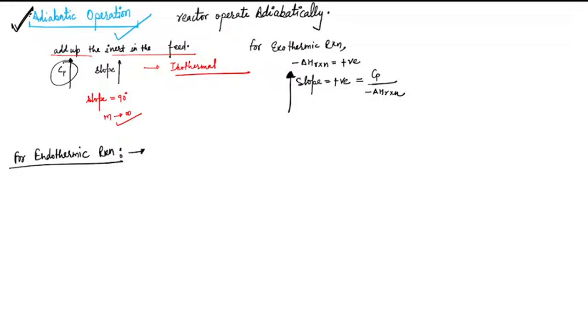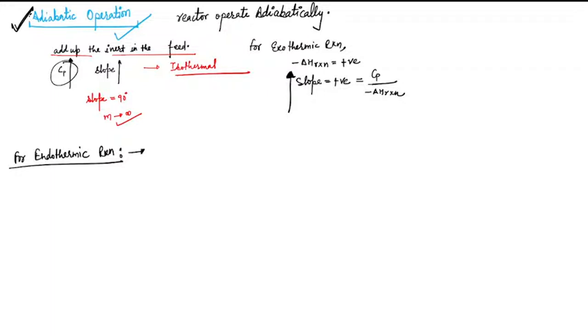That heat is taken from the reaction mixture, from the feed that is coming, so it will decrease the temperature of the reaction mixture. Then what do you have to do, sir?